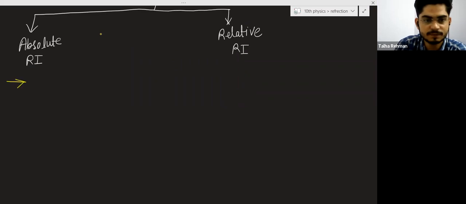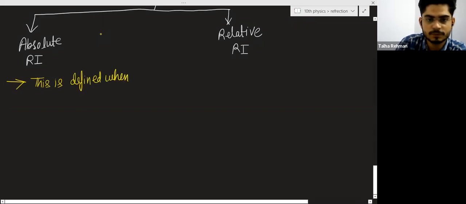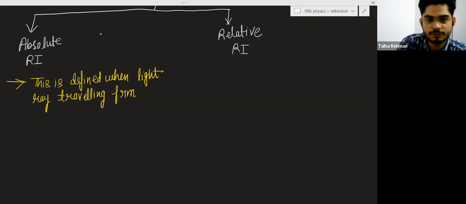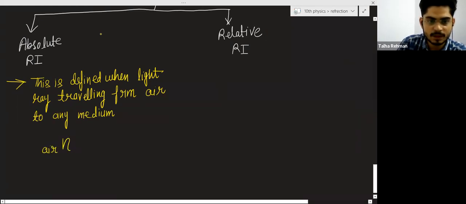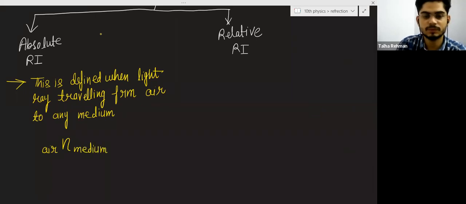This is defined when light ray is traveling from air to any medium, and this is represented by small n.